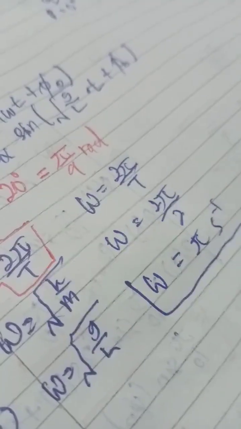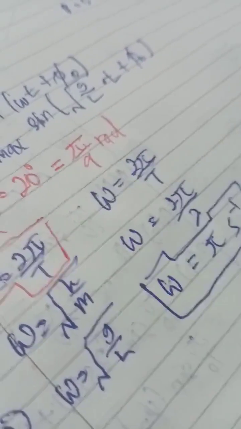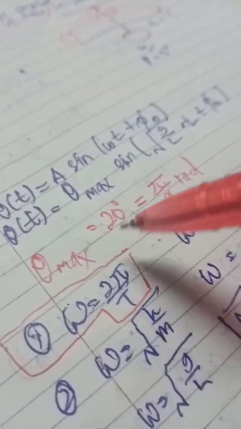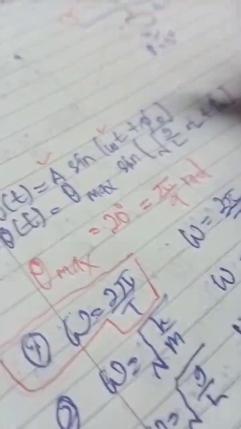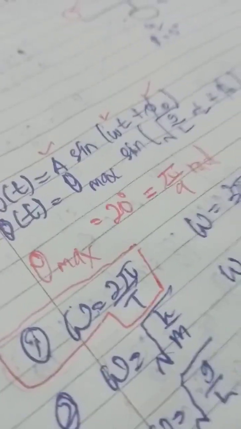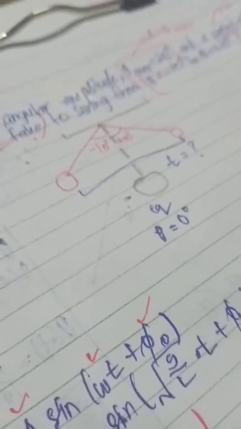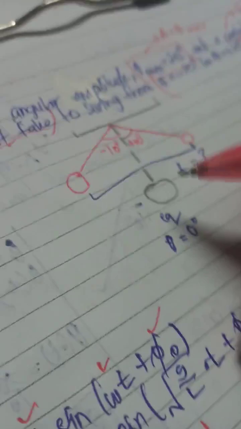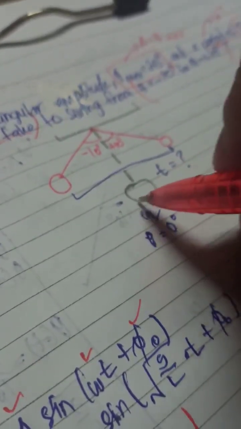Now we have the amplitude, good. We have the omega, good. Now what is the problem? The phi naught. Again, always the phi naught. So in this question, I want to measure first at the equilibrium position.